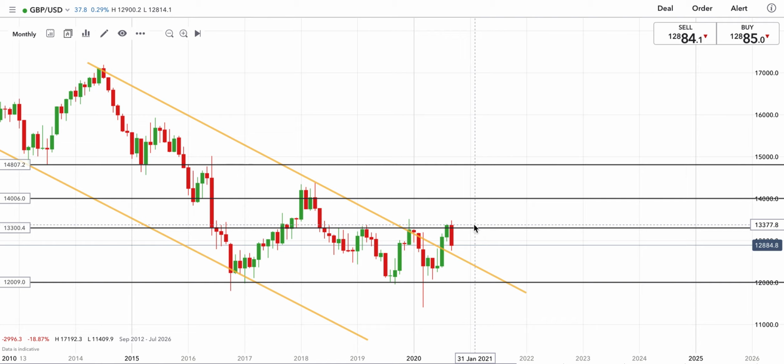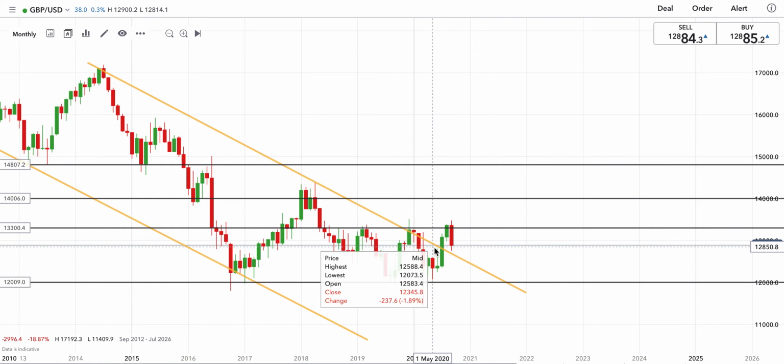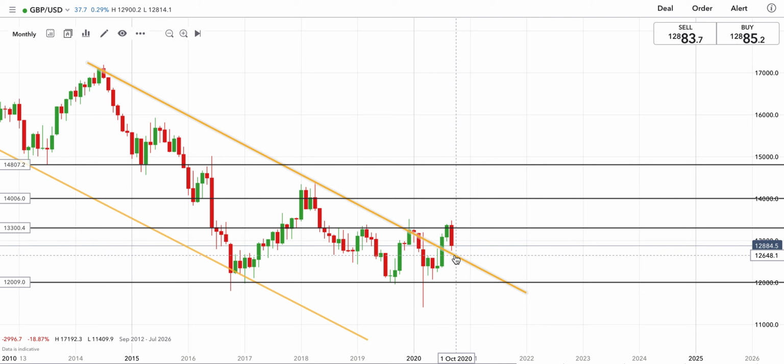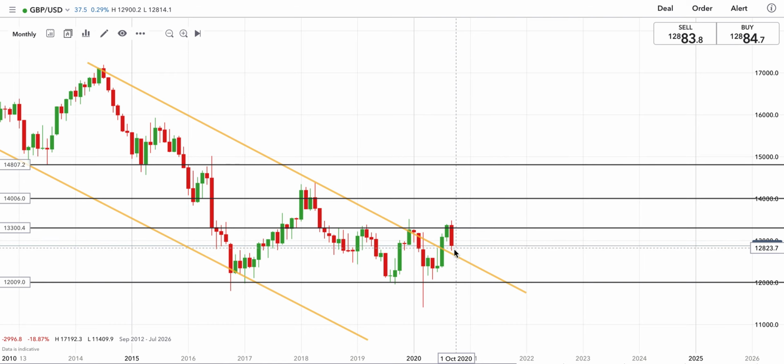appreciating. For a long time, we felt sterling has been undervalued, and as it stands at the moment, with the currency pair being above this descending channel, it is more of a positive sign. Obviously, this month we can see a massive red candle here.